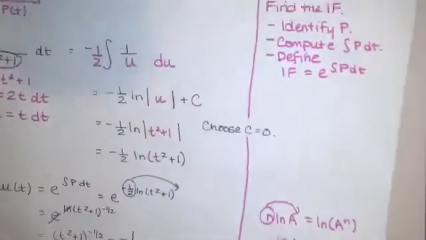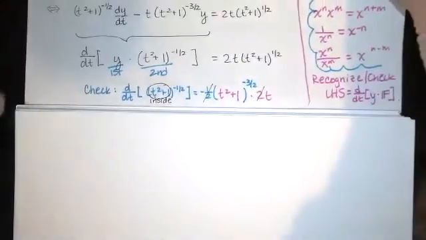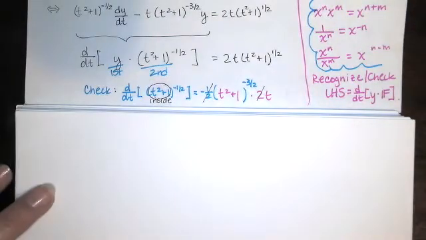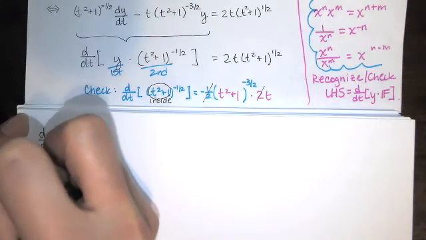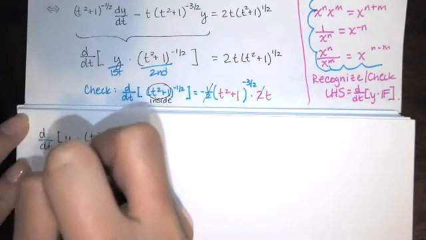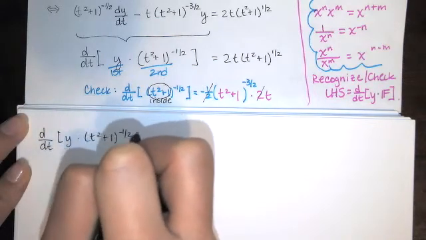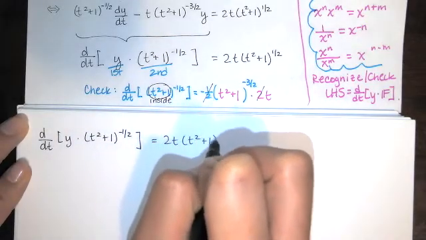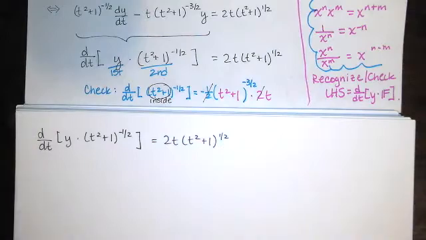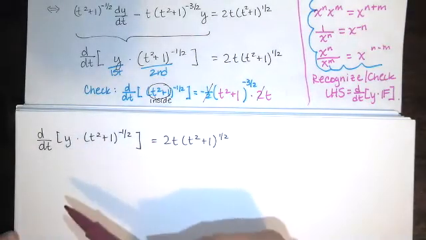So let's look at that. I have the derivative with respect to t of y times t squared plus 1 to the negative 1/2 equals 2t times t squared plus 1 to the positive 1/2. And we're trying to get y by itself.